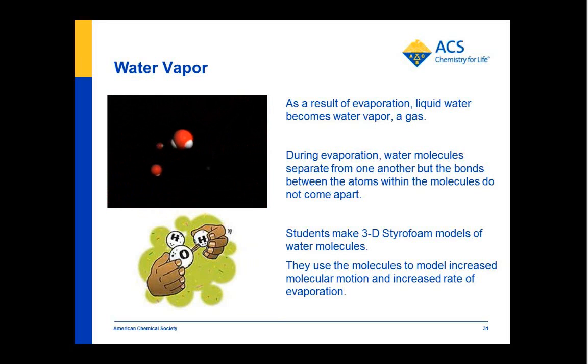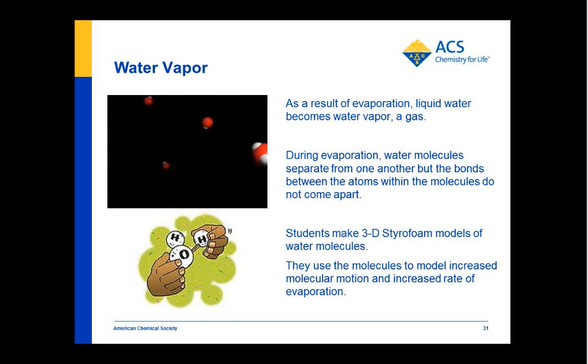It's just that the molecules themselves separate from other molecules. That could be a misconception by students, that the water molecules themselves come apart into the atoms that they're made of.